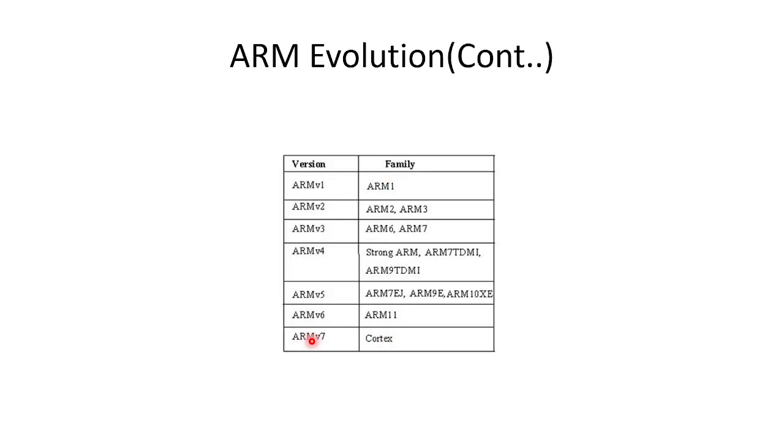From version 7 ISA architecture onwards, we call ARM as Cortex. Why Cortex? It does not come on a single chip, it comes on a single PCB. Just like an Arduino board, we have an ARM board. From version 7 onwards, we call them Cortex boards.